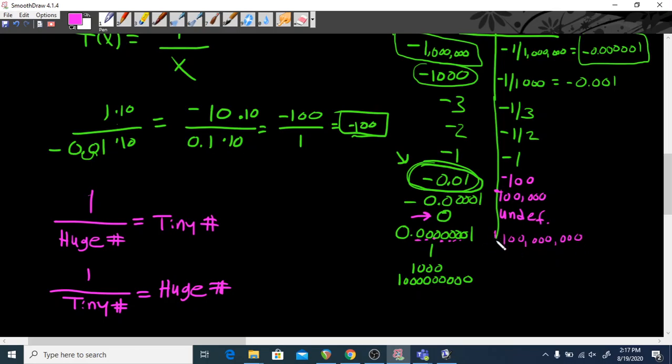Another big point here: as I add more zeros before the 1, the result is just going to get bigger and bigger and bigger. 1 over 1 is 1. 1 over 0.001 is 1,000. And how many zeros are here? 1, 2, 3, 4, 5, 6, 7, 8, 9. That's 9 zeros.